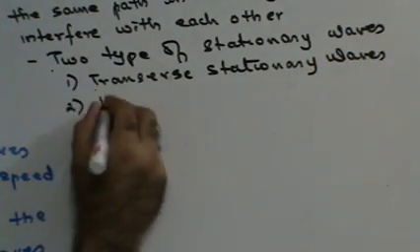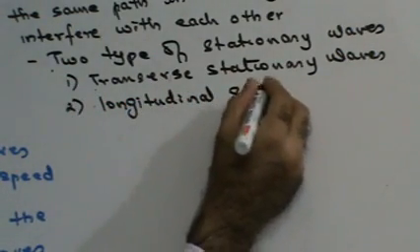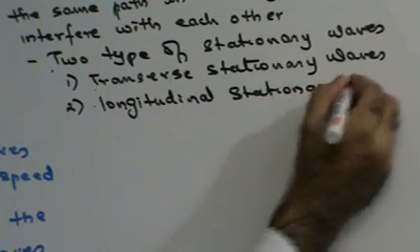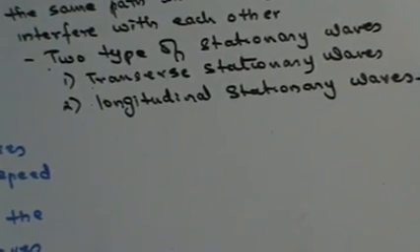Now, what are transverse stationary waves? These are waves which are a result of superimposition of two identical transverse progressive waves traveling in opposite direction, whereas longitudinal stationary waves are a result of superimposition of two identical longitudinal progressive waves traveling in opposite direction. Fine.